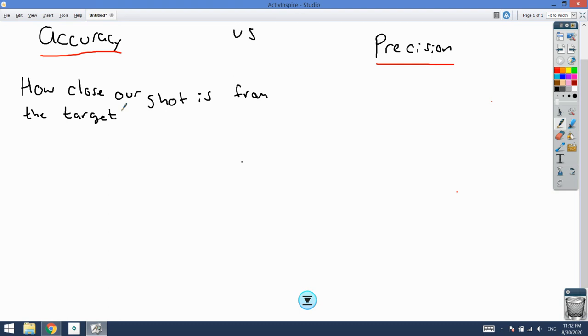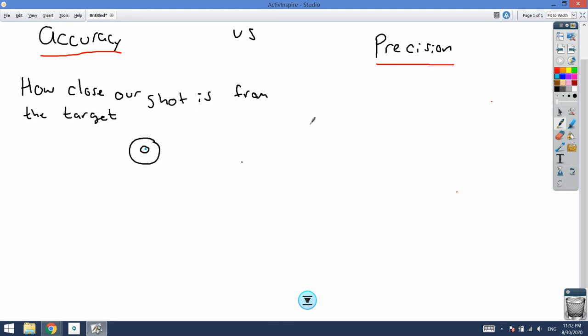So if you think of a bullseye here, an accurate shot would be straight down the middle. Well, the most accurate shot would be straight down the middle.